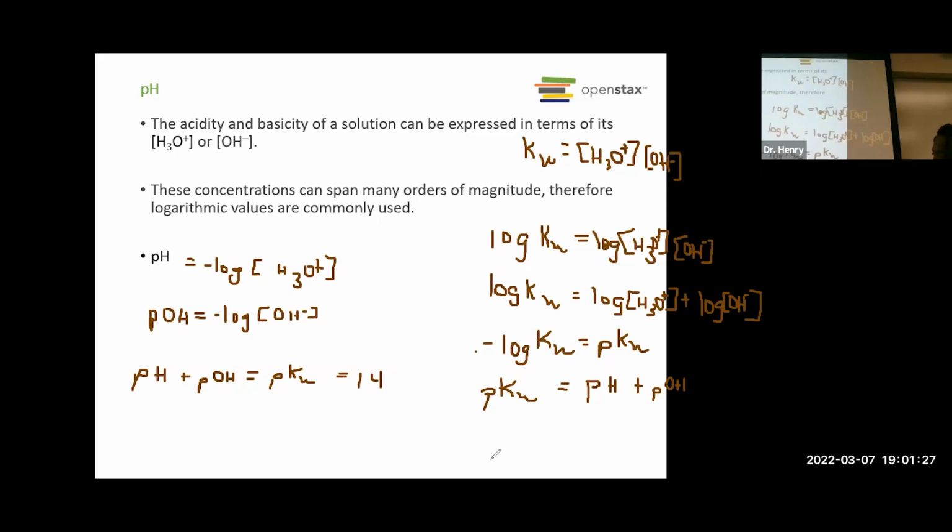That holds true, right? And then we know that Kw was 10 to the minus 14, right? So if we take the minus log of that, that's just going to equal 14. So we have 14 is going to equal, in this case, if it's water, 7 and 7, or pH plus pOH. Since this is a constant, this is always going to be the case.